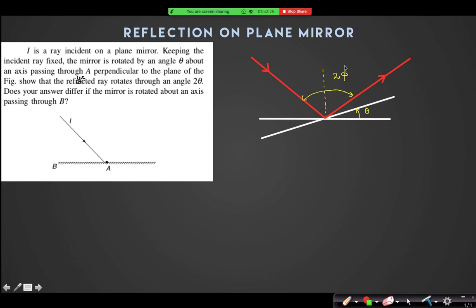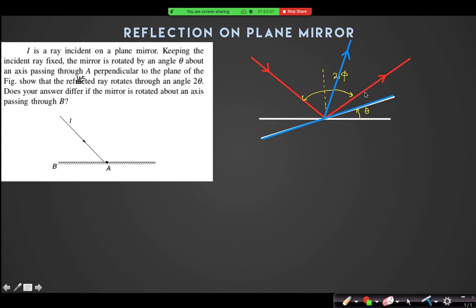After I make this rotation by angle theta, this will be my new reflected ray. Now the reflected ray comes here and reflects back from this line, and this is my new reflected ray, right? So what will be this change that I have to find? What will be this change? 2 alpha minus 2 theta. 2 phi minus 2 theta.